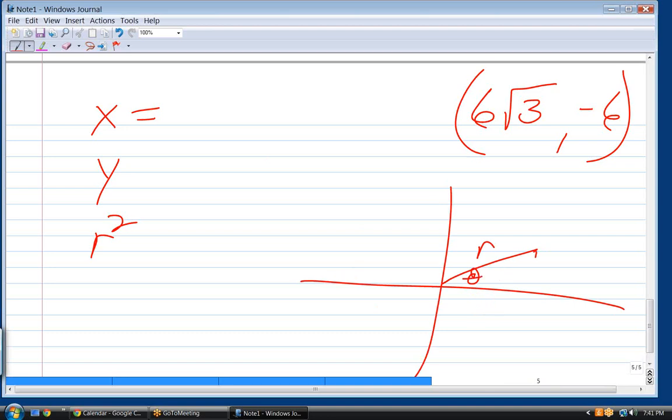That's theta. This is x. This is y. What's the cosine of theta equal to? It'd be adjacent over hypotenuse, so x over r. Which makes x equal to r cosine of theta.